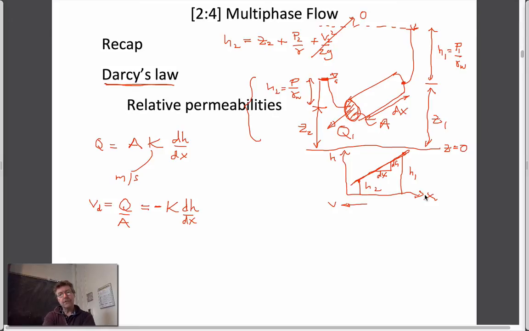What we can also do is that now that we've defined exactly what hydraulic head is, which is this term here, we could also resubstitute that term into here.